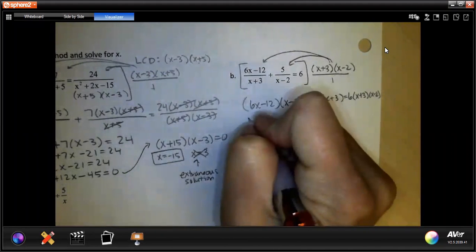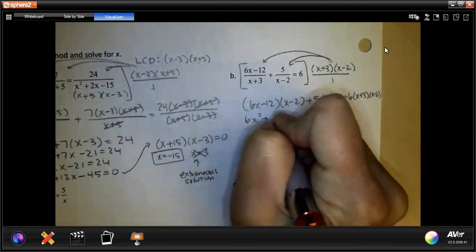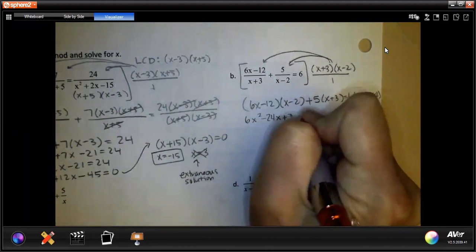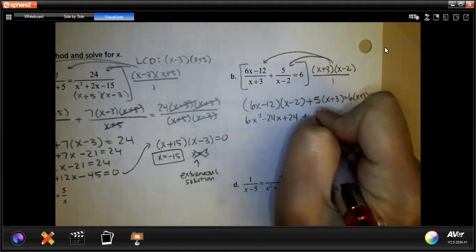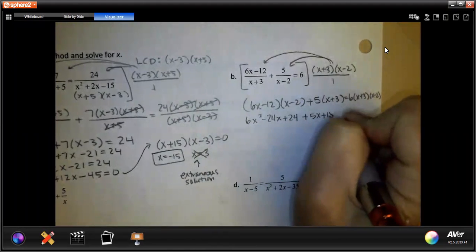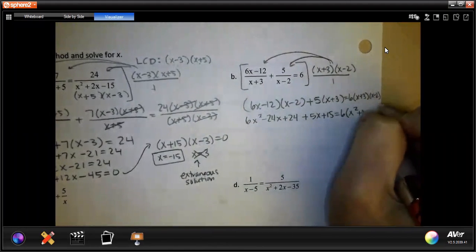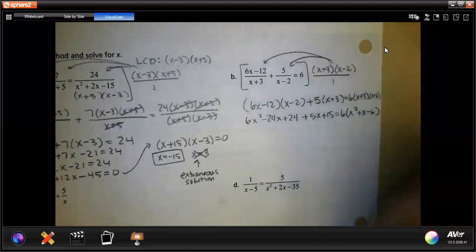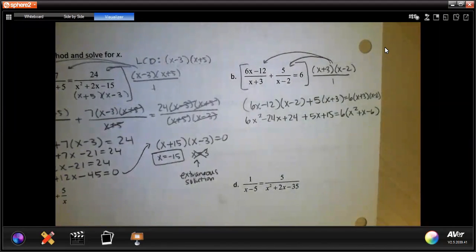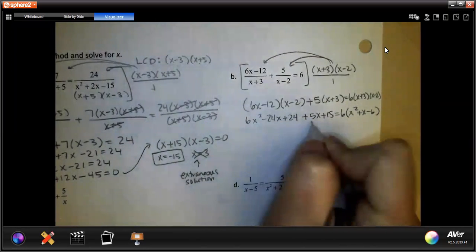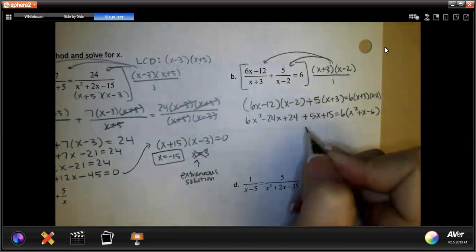So we get 6x squared minus 24x plus 24 plus 5x plus 15 is equal to 6 times (x squared plus x minus 6). And I'm going to have to distribute there one more time. And I'm going to go ahead and combine my like terms at the same time.